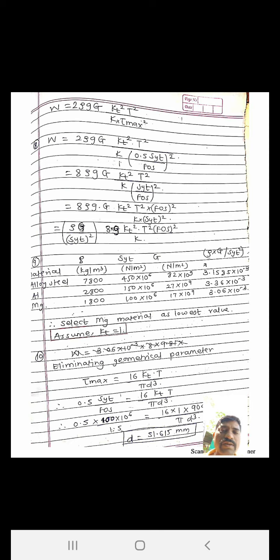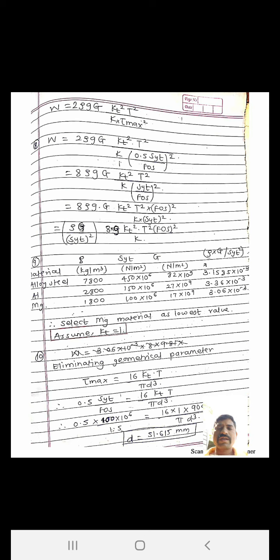You should check which value gives the minimum: 3.15, 1585 into 10 raised to minus 3, 3.36 into 10 raised to minus 3, 3.06 into 10 raised to minus 3. The third material has the least value, so we will choose that, magnesium. Select the Mg material as the lowest value, Kt equal to 1.